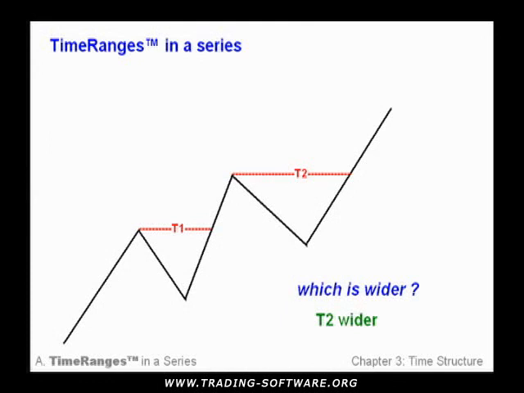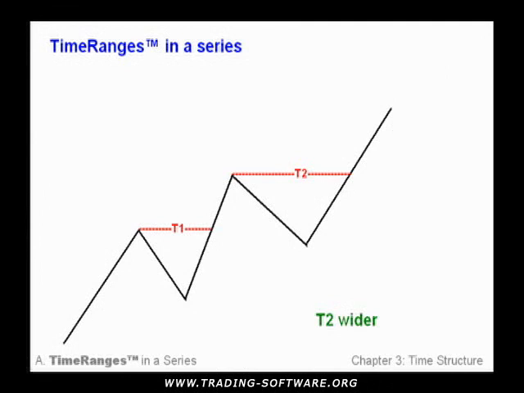And here, T2 is wider. With T2 wider, once price action breaks above and confirms T2, then there's a good chance the energy in the direction of the trend, in this case up, should continue.